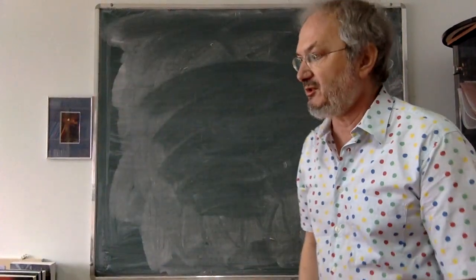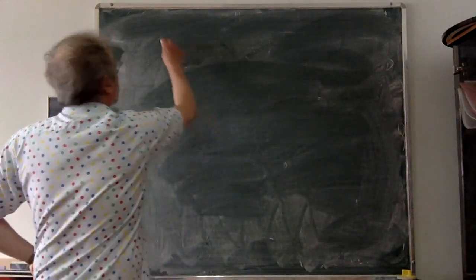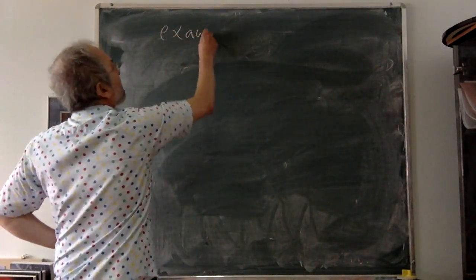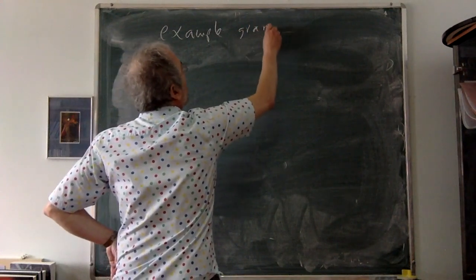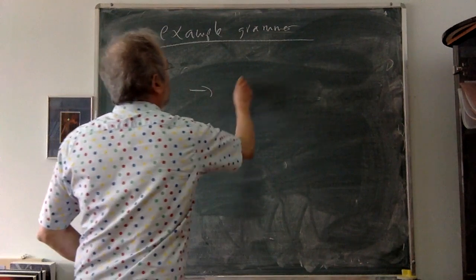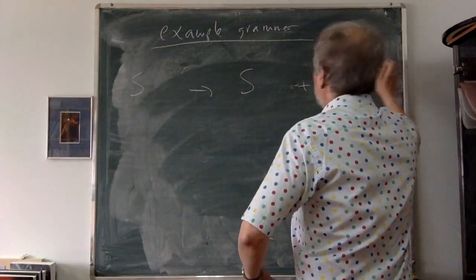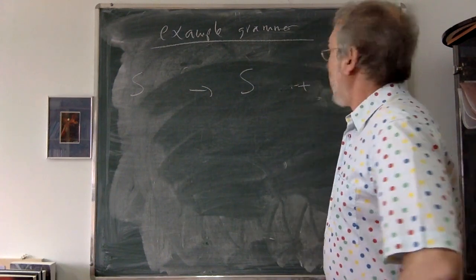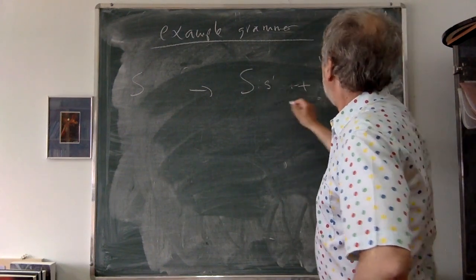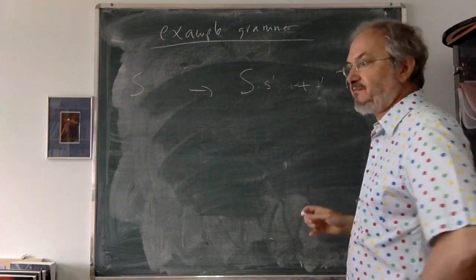So I'm trying to remember the quiz. I gave you something like this. And I said, if the meaning of this is S prime, the meaning of this is plus prime, and the meaning of that is, let's say, T prime.